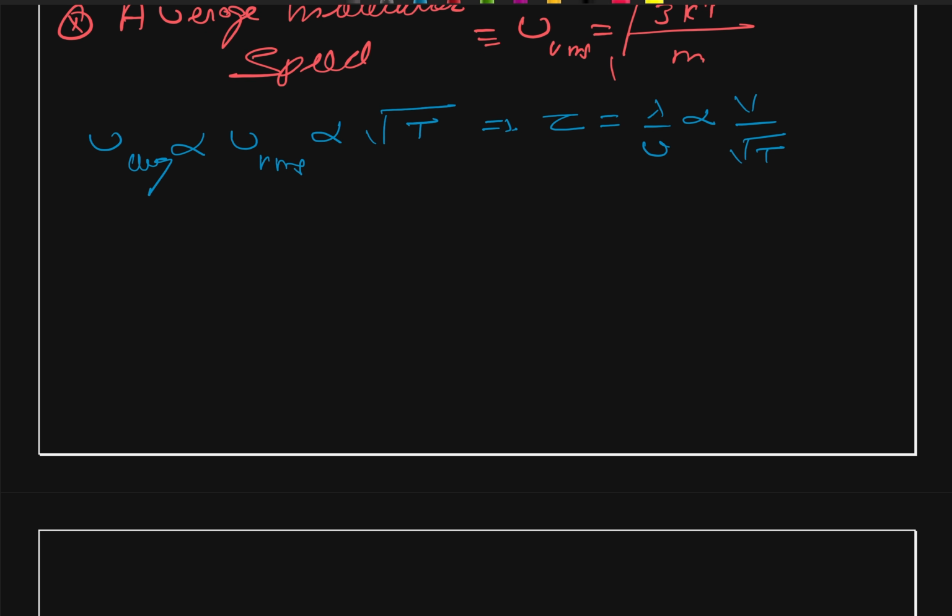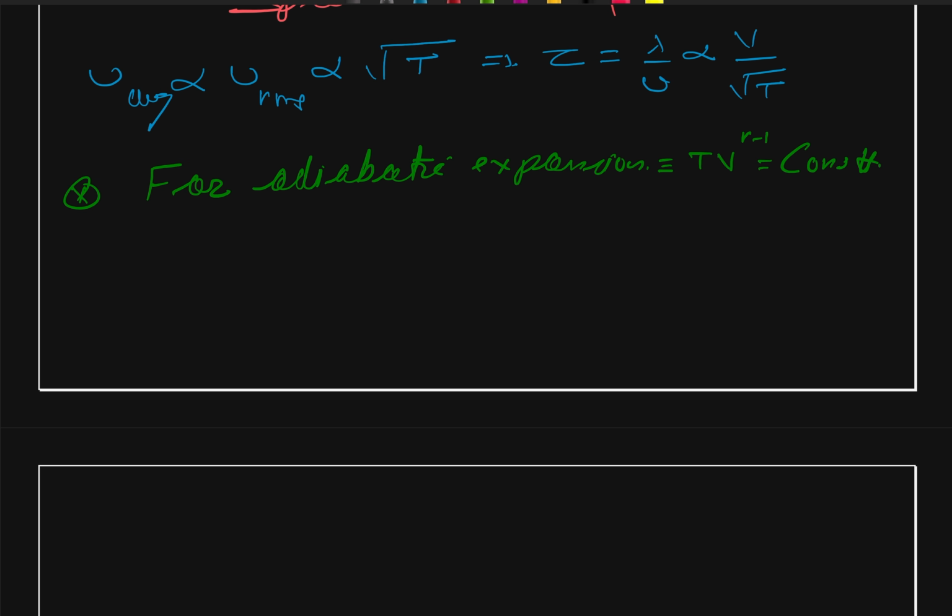So we can say that for adiabatic expansion, we know that our T V raised power gamma minus 1 is equal to constant, where gamma is our adiabatic index.